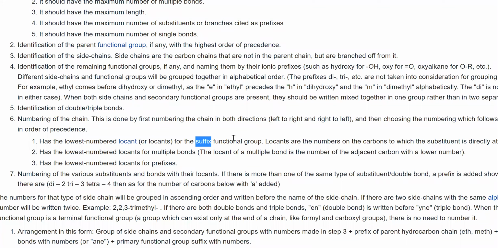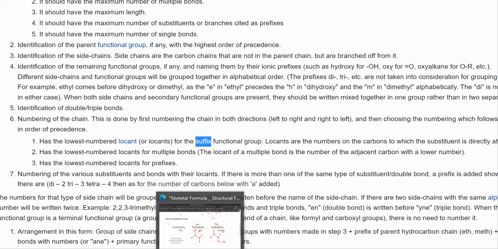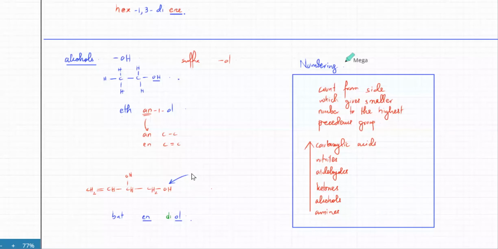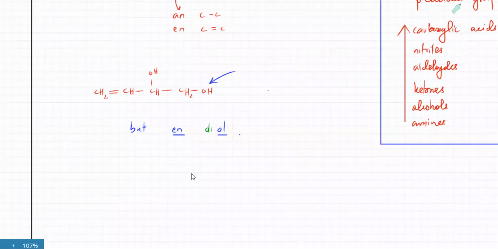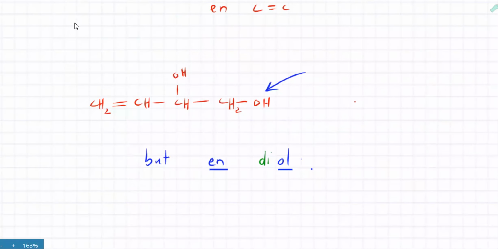So you're going to try and give the highest precedence functional group the lowest number, and you wouldn't care about all the others. You don't care how the other things get numbered, and counting would always be done from one side. So you find the highest precedence group, which is OH in this case, and just give it the smaller number. Forget the double bond, forget what number it gets. You don't care about that one.